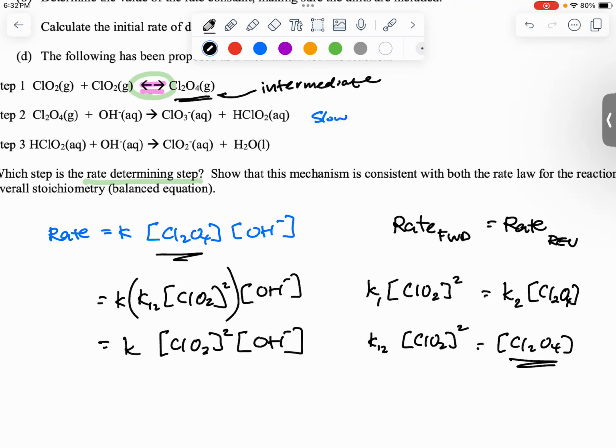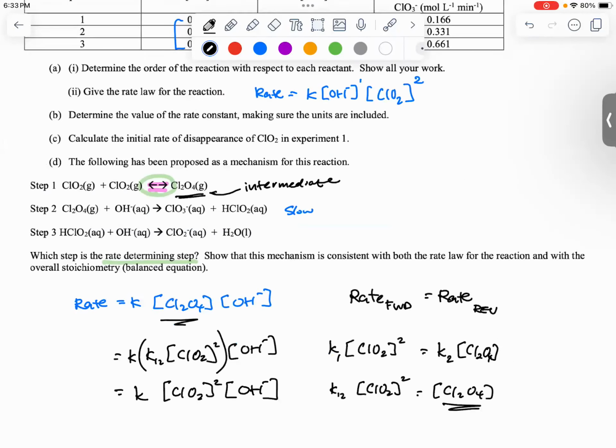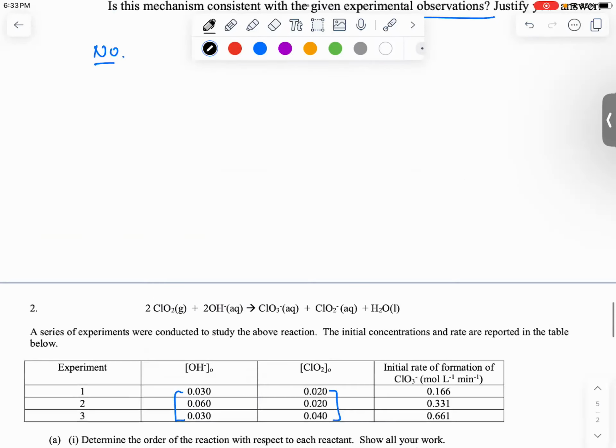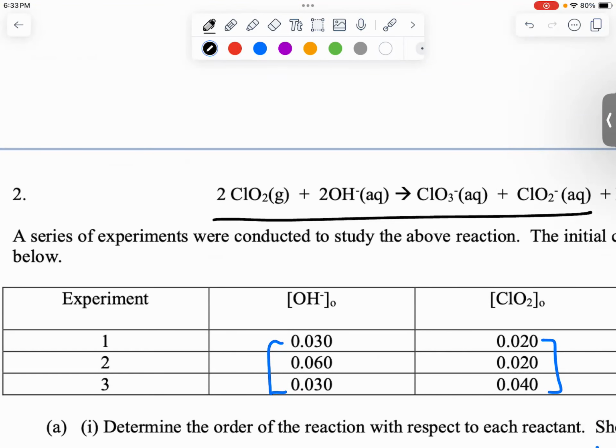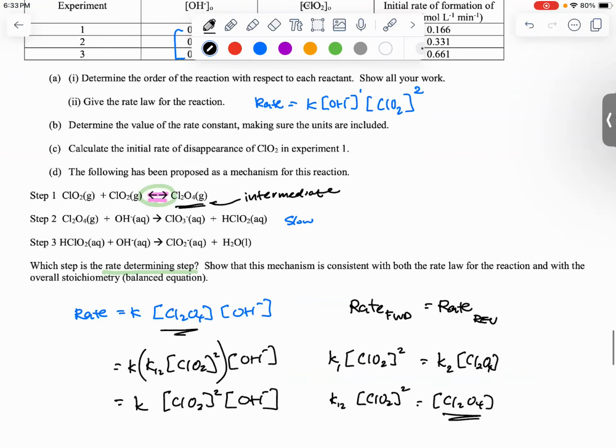And that's how you show that the rate law is consistent with the one that we found earlier from the experiments. And that is also consistent with the stoichiometry because we have 2 ClO2 plus OH minus in the reactants. And again, this is the overall reaction. You should not use the coefficient to tell the exponent unless it is an elementary step or a step in the reaction.